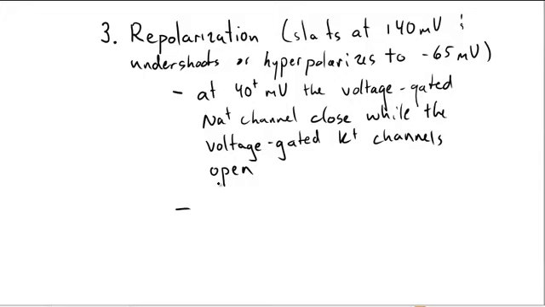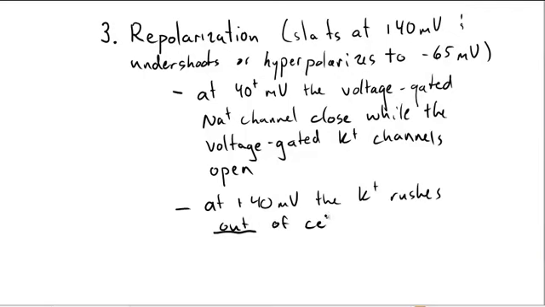If you think, sodium-potassium channels were pumping 2 potassium in, so we built up a bunch of potassium on the inside. Now when we open the gate, it's going to rush out of the cell. So at plus 40 millivolts, the K plus rushes out of cell, down its concentration gradient.